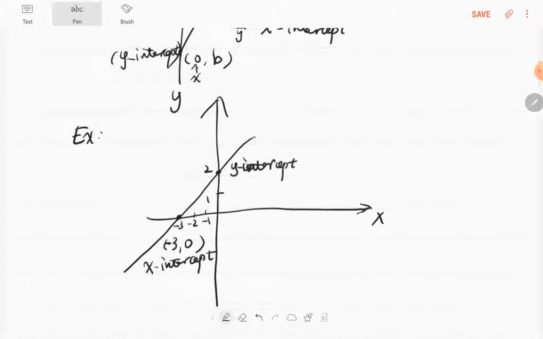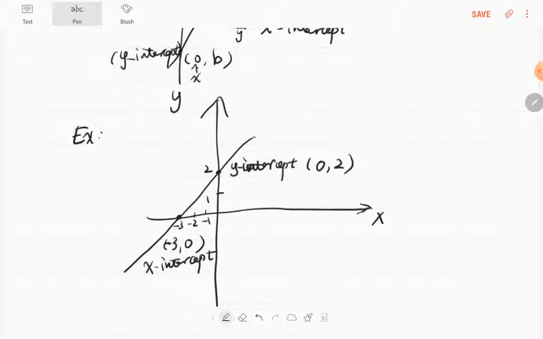And we only need to find the value for y because we already know x should be equal to 0. So the value for y is 2. So we know this point is the y-intercept.